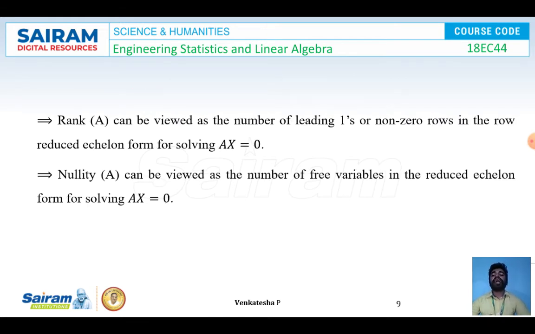It implies that the rank of A can be viewed as the number of leading ones or non-zero rows in the row reduced echelon form for solving Ax equal to 0. And nullity of A can be viewed as the number of free variables in the echelon form for solving Ax equal to 0.